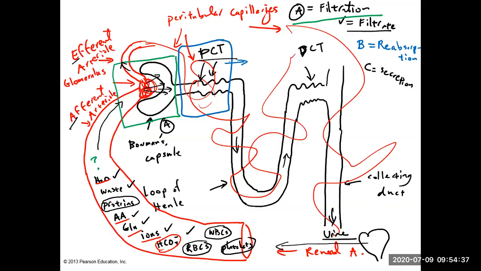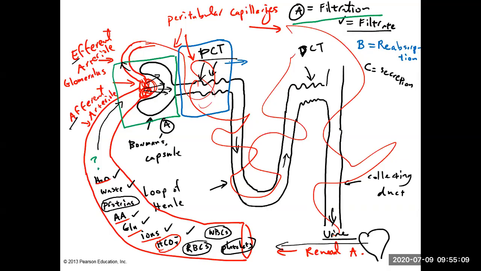Secretion of things such as toxins, drugs, things that are still unwanted can happen in this particular tube as well, and this is called tubular secretion. It relates to the things that you don't want, that you've got to get rid of.